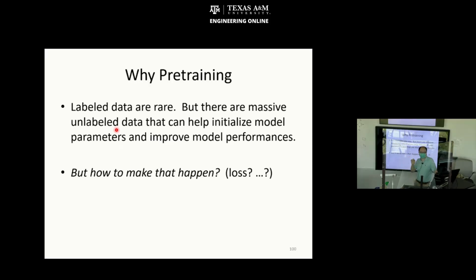We talked about what losses should be there. But the question is, how do you design the pre-training tasks, including the losses, so that you can learn something generally contextual and useful for your downstream task? That is not something that is very easy, so that's what we're going to try to focus on.